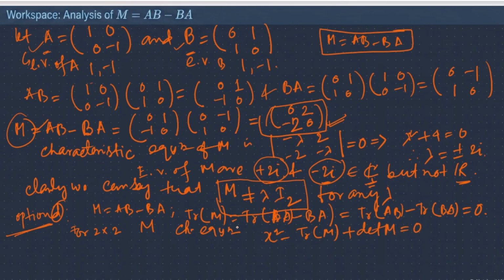From this we get x square equals trace of M times x minus determinant of M times I2, and we can substitute trace of M equals 0.